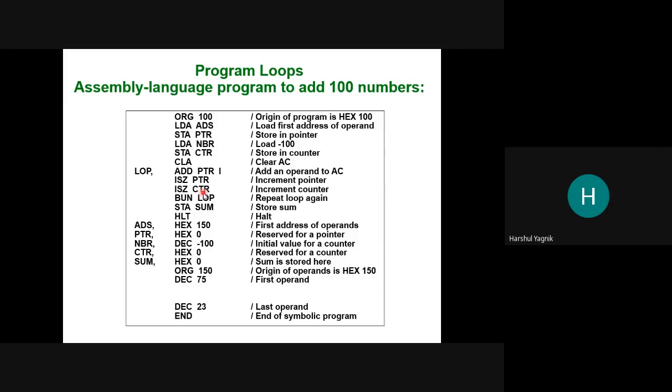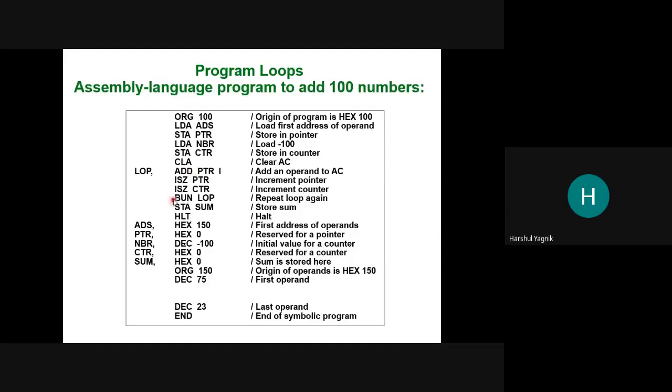Again, what will this do? BUN to LOP. BUN is unconditional. There is no condition, so it has to branch to that memory location. The LOP label is given for this instruction. So this keeps on looping, right? Till when?